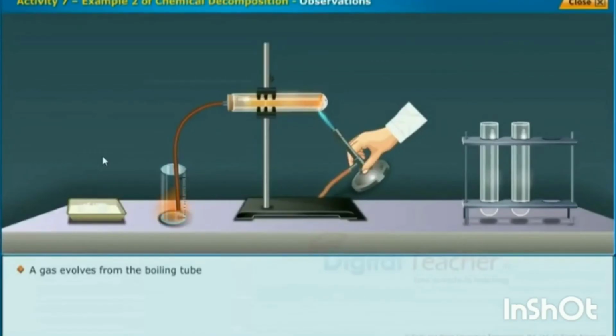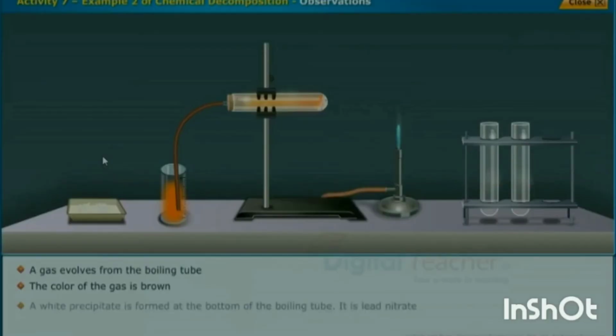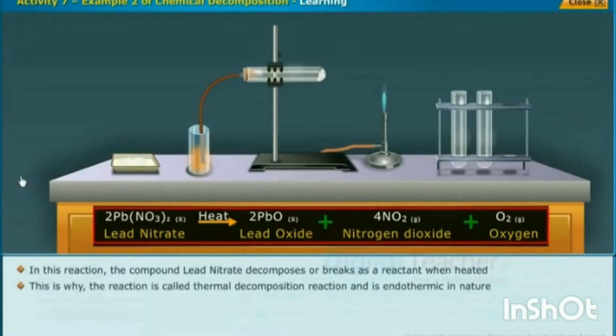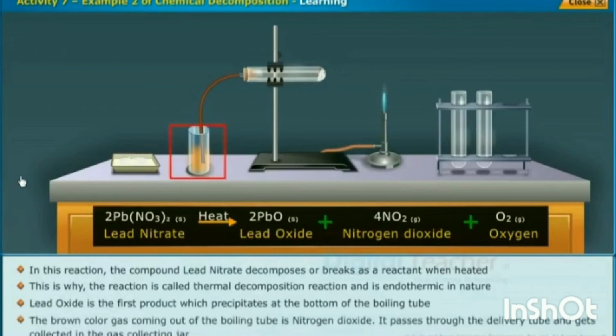In this reaction, the compound lead nitrate decomposes or breaks down as a reactant when heated. This is why the reaction is called a thermal decomposition reaction and it is endothermic in nature. Here lead oxide is the first product which precipitates at the bottom of the boiling tube. The brown color gas coming out of the boiling tube is nitrogen dioxide. It passes through the delivery tube and gets collected in the collecting jar.